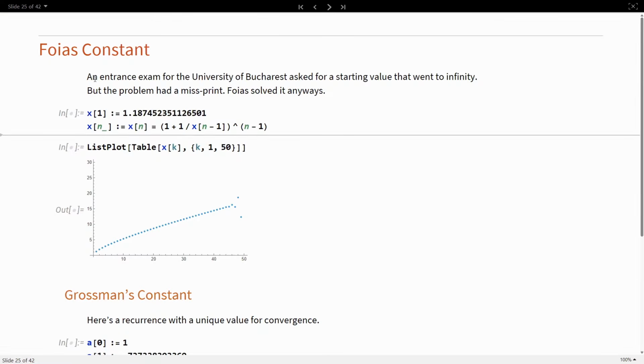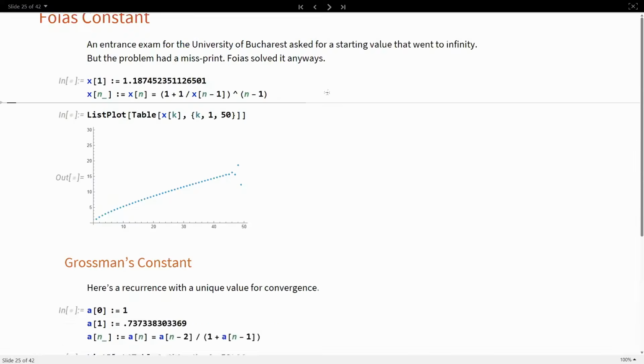It turns out that the entrance exam made a mistake. They were supposed to post a much simpler problem, but one student named Foya solved it anyways, and now the constant is named after him because he was the only one who solved it.